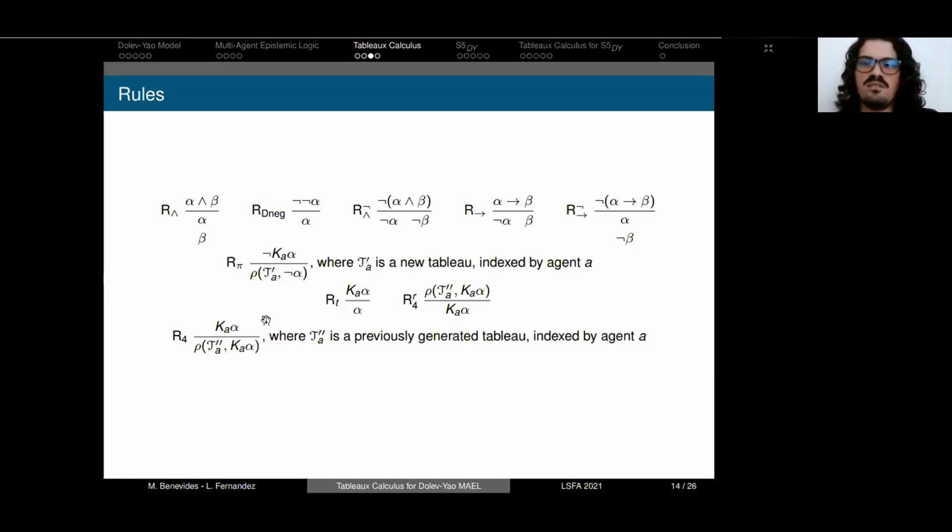Rule 4 will add a Ka alpha to a tableau that already exists. It corresponds to positive introspection and allows us to inherit knowledge forward. And rule 4R will bring the Ka alpha to a tableau if there is a subtableau with this formula. So it's necessary for Euclidean relations.